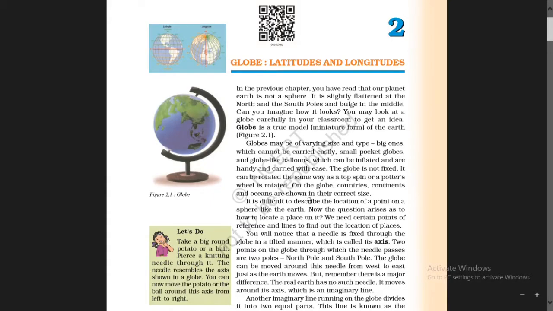It is difficult to describe the location of a point on a sphere like the Earth. Sphere means the surface of a ball like that.